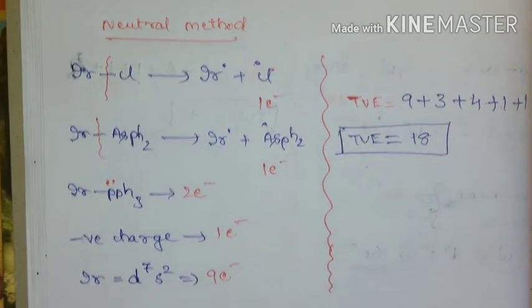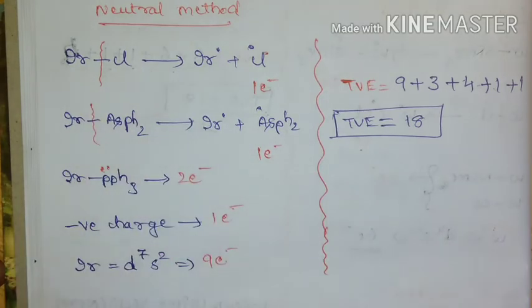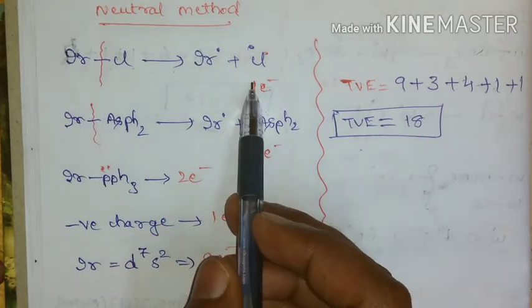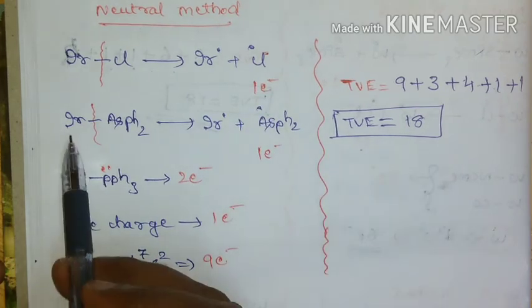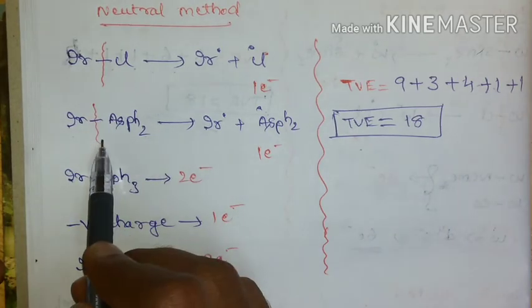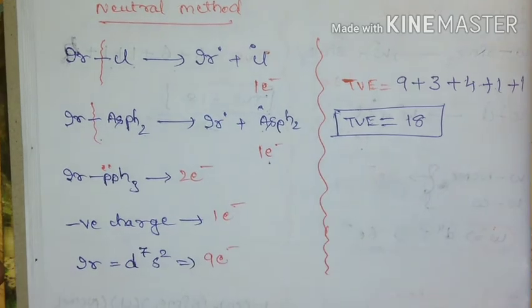So if we see through the neutral method, there will be homolytic cleavage of iridium Cl. If I do homolytic cleavage, the Cl is going to contribute 1 electron. Iridium AsPh2, if I do homolytic cleavage of this bond, this AsPh2 is also going to contribute 1 electron.